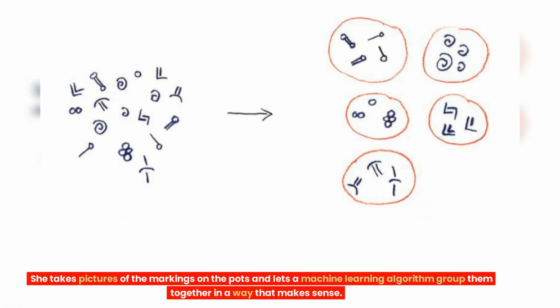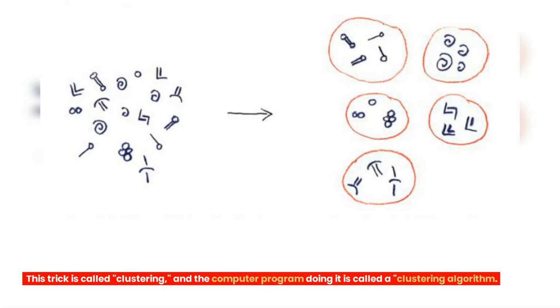She takes pictures of the markings on the pots and lets a machine learning algorithm group them together in a way that makes sense. This trick is called clustering, and the computer program doing it is called a clustering algorithm. It helps us organize data into groups, like putting puzzle pieces together.